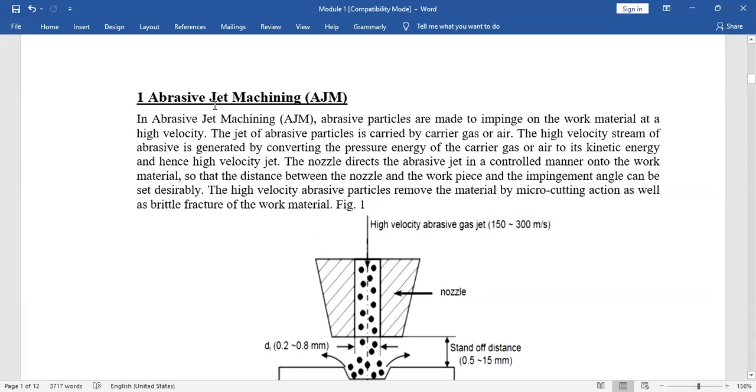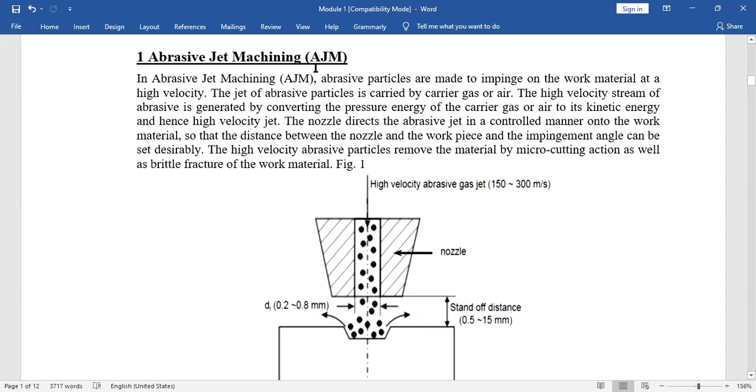In case of abrasive jet machining, the short form is AJM. In abrasive jet machining, the abrasive particles are made to impinge on the work material at a high velocity. The jet of abrasive particles is carried by carrier gas or air. The high velocity stream of abrasive is generated by converting the pressure energy of the carrier gas or air to its kinetic energy, and hence a high velocity jet is obtained.